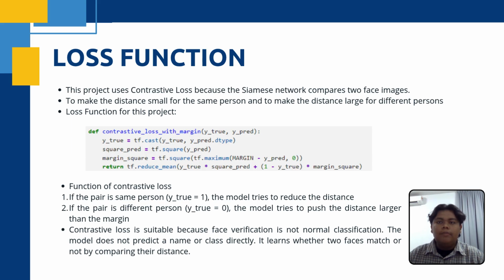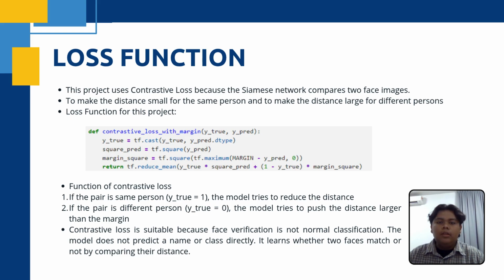In my code, the contrastive loss function takes the true label, which is y_true, and the predicted distance, which is y_pred, as input. If the pair is the same person, y_true equals 1, and the loss uses the squared distance to reduce it. If the pair is different, y_true equals 0, and the loss uses a margin to push the distance to be larger than that margin.